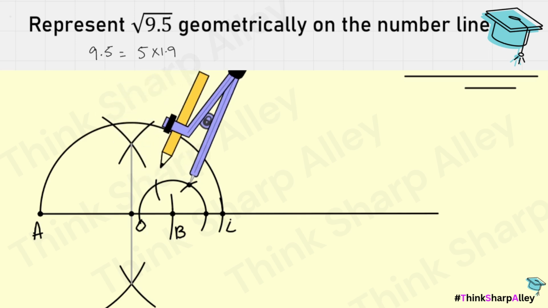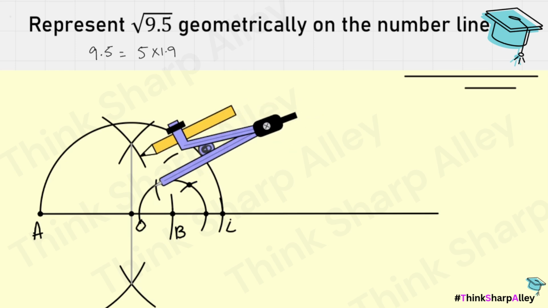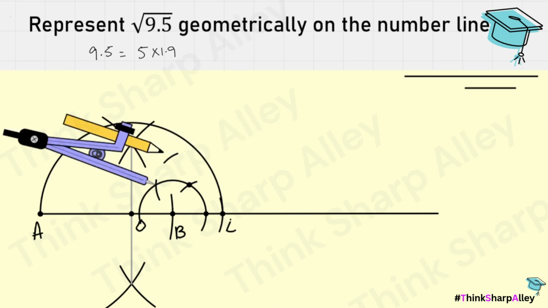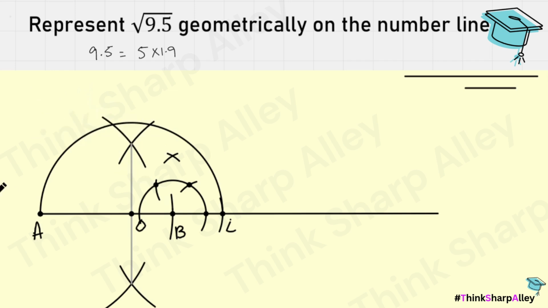And then we will bisect the middle part to obtain a perfect 90 degrees. So I will not stop here, we have to extend it till it meets our circle. Now the point where it meets our circle, let's name this point D.